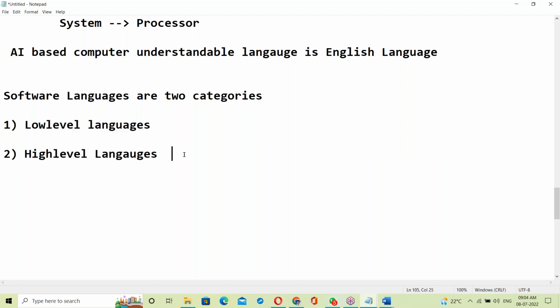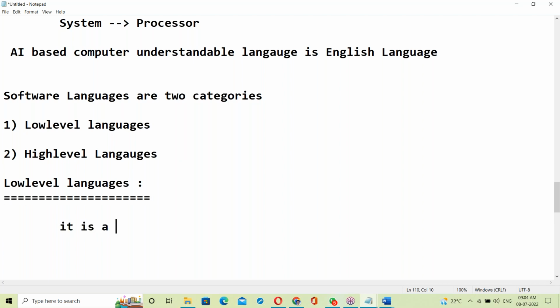Low level languages. Yes, it's a system understandable language. Here system means processor.